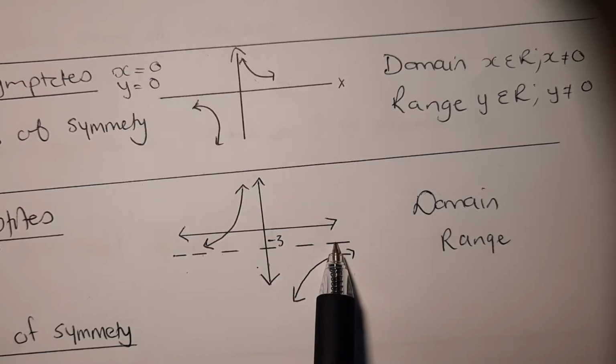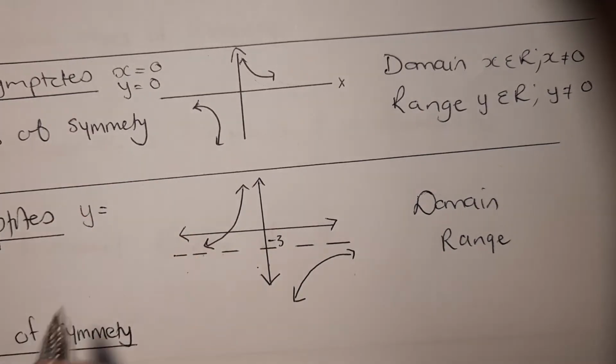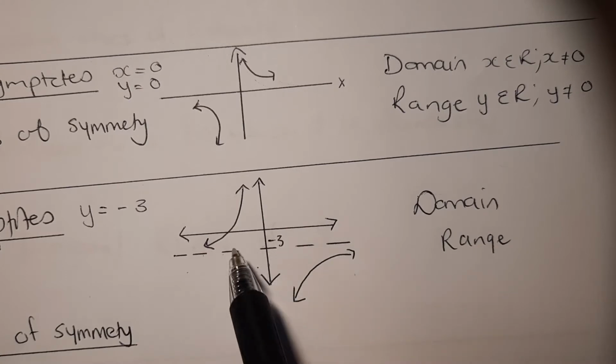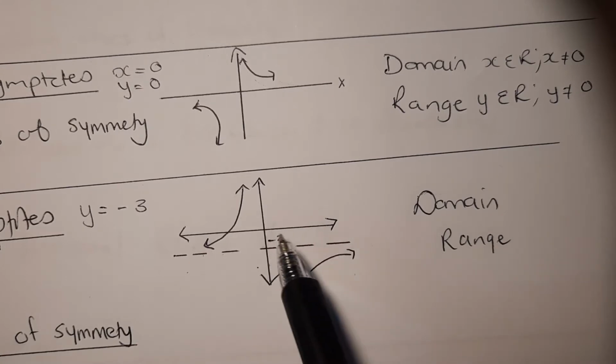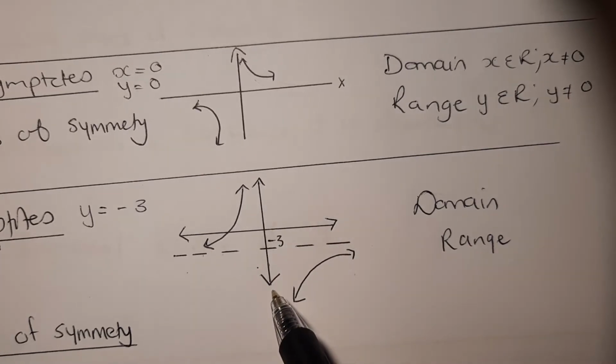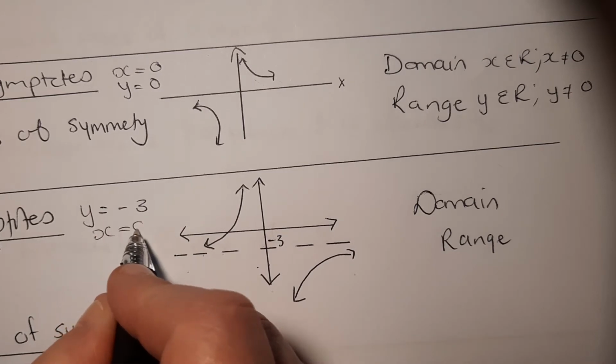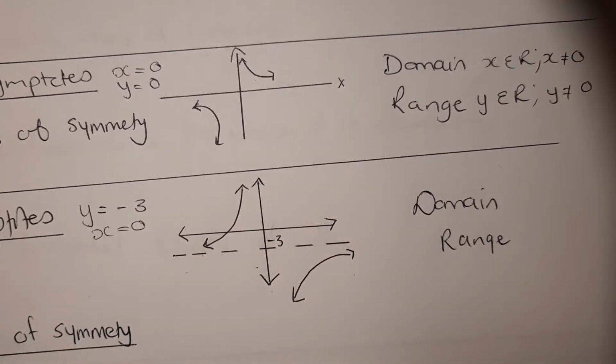The line that it moves towards but does not touch. So my asymptote is going to be y is equal to negative 3, and the other asymptote is going to be my y-axis, and that would be x is equal to 0.